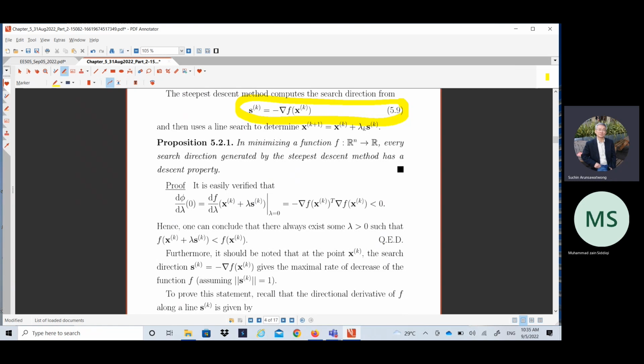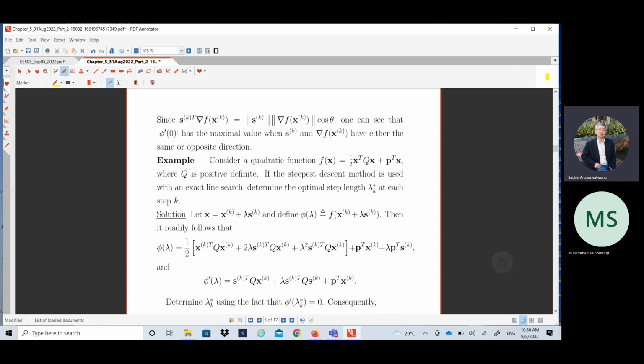Therefore, when we do the line search, you just choose a very small lambda, and then it will reduce the function. If you keep doing that, the cost function f is reduced many times. And so we hope that eventually we will achieve a better design, a better value of the function, at the minimizer.